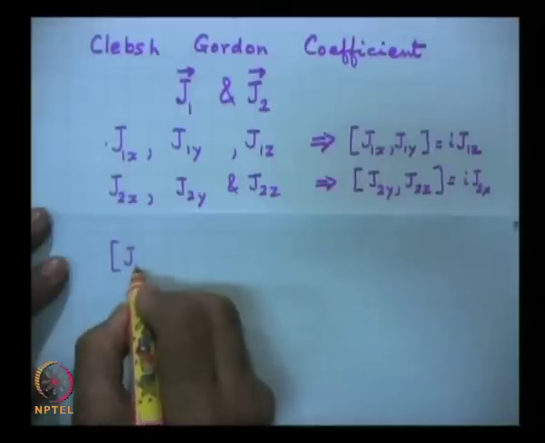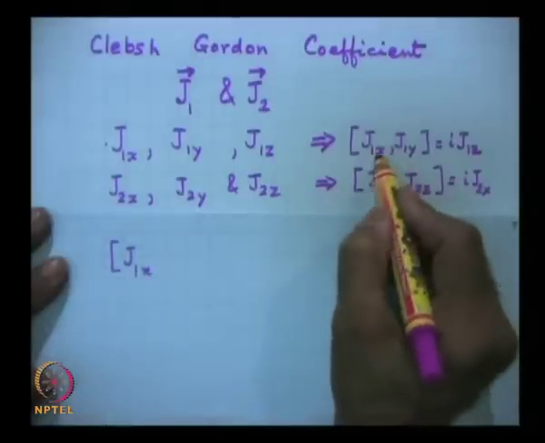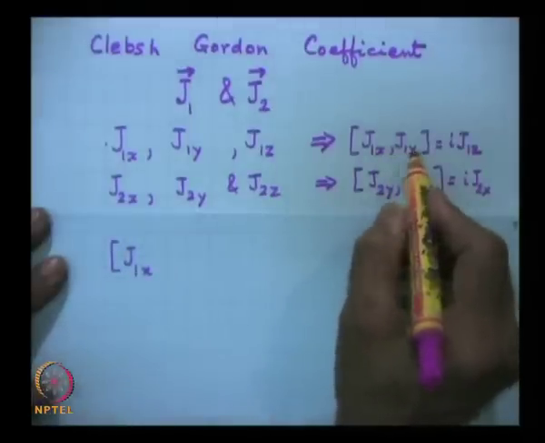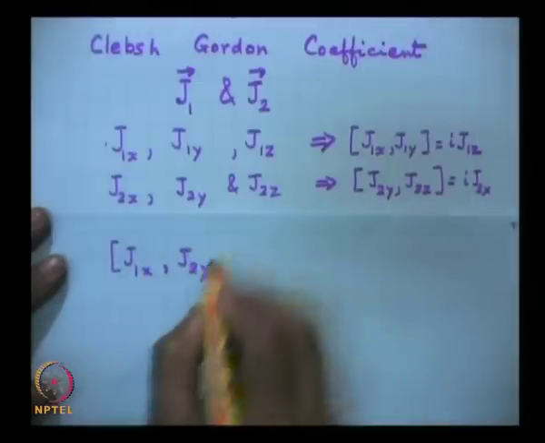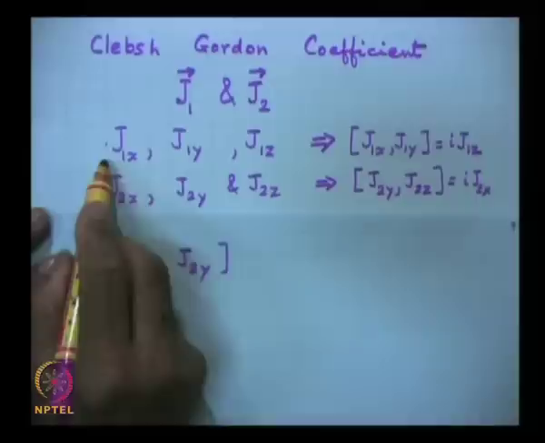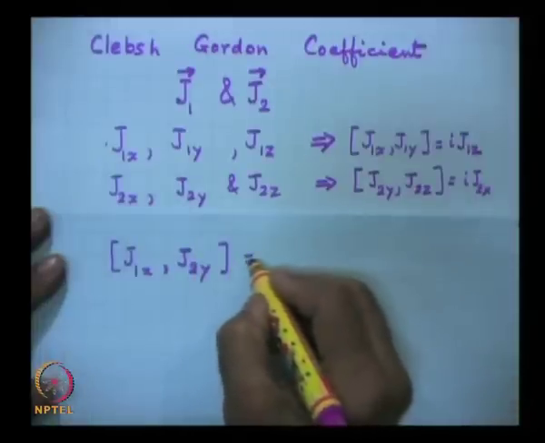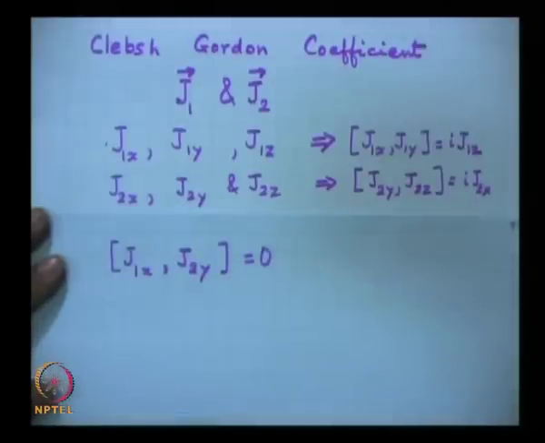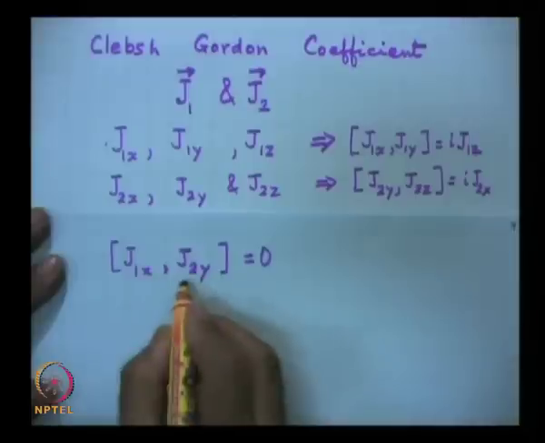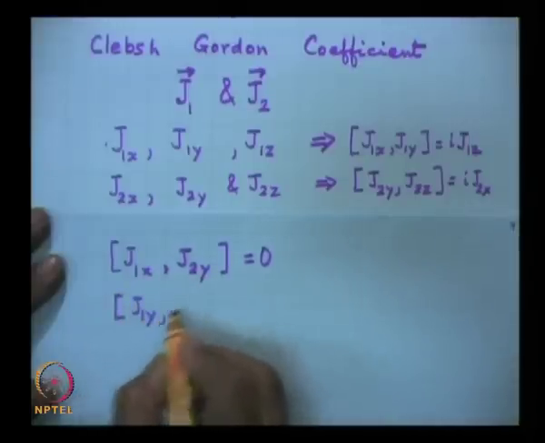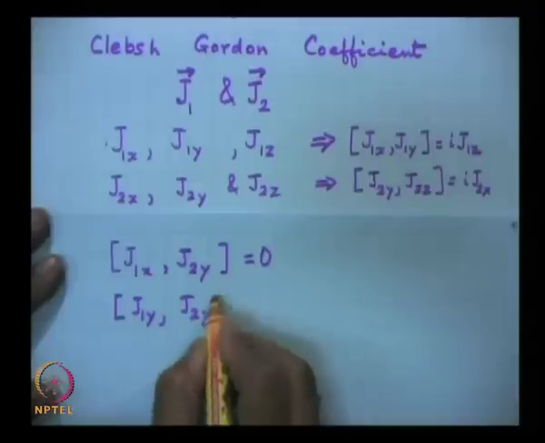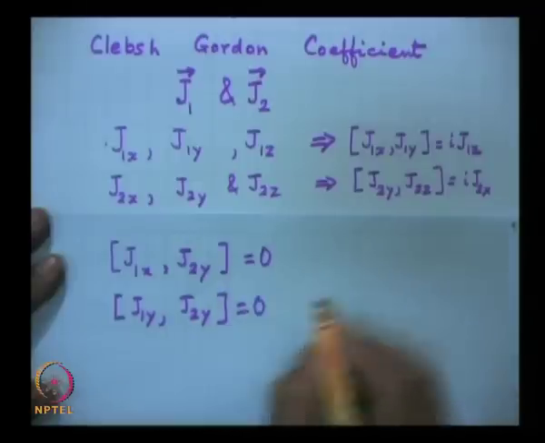By that we imply that, as you can see, J1x does not commute with J1y, but J1x commutes with J2y. We assume that components of J1 commute with components of J2, any two components. So, J1x commutes with J2y, the commutator is equal to 0.